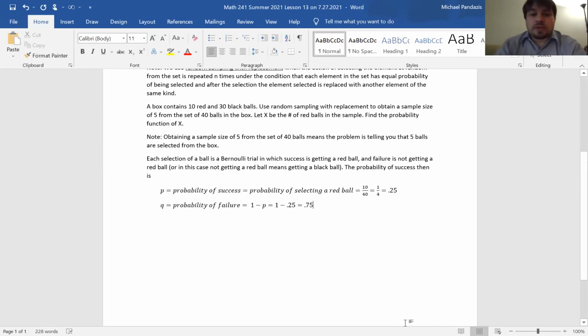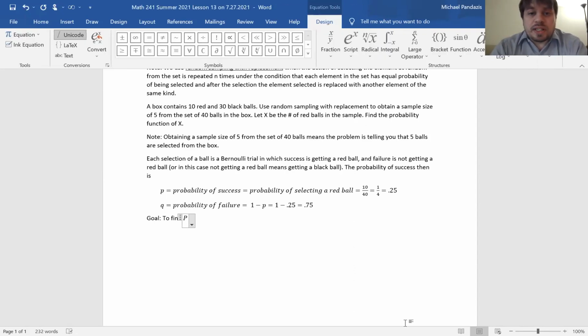The goal is to find the probability function of x. The probability function of x is f of x, which equals the probability that capital X is equal to some fixed little x, where x ranges over all its possible values.